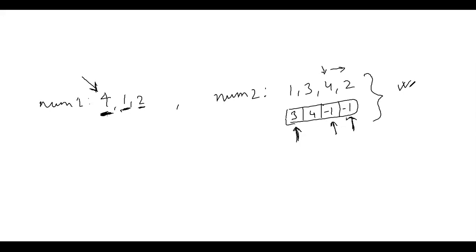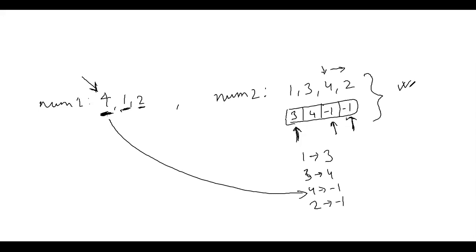So instead of an array, what we are saying is, okay, for 1 the value is 3, for 3 the value is 4, for 4 the value is -1, and for 2 the value is -1. Now when this guy looks for a value, he will say, what's the value for 4? Just a simple key lookup, and he can say this value should be -1.